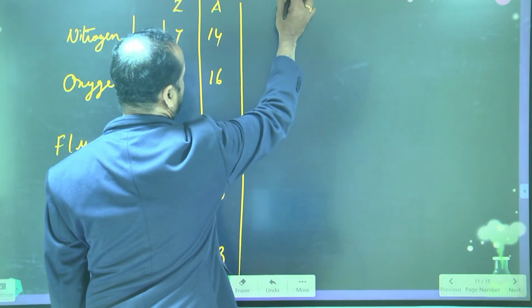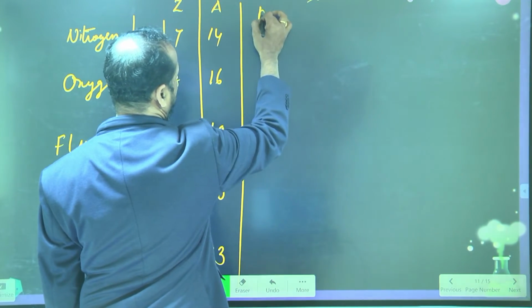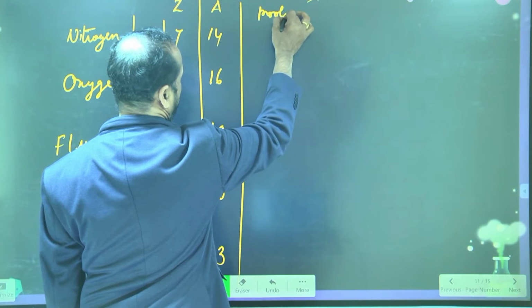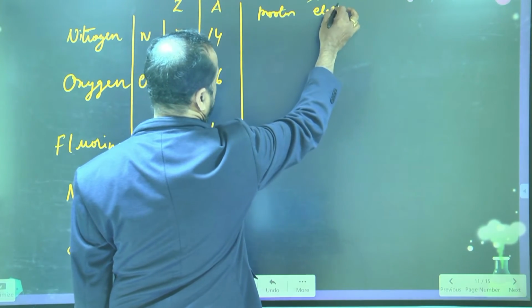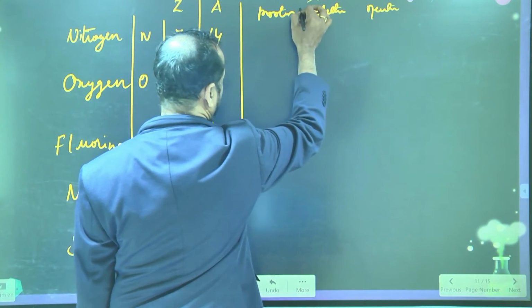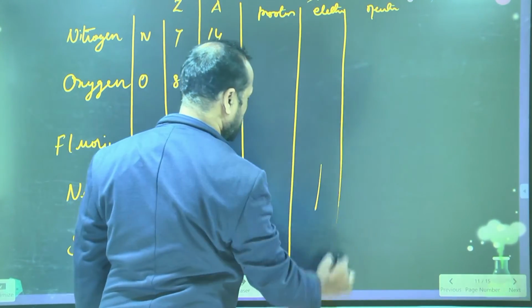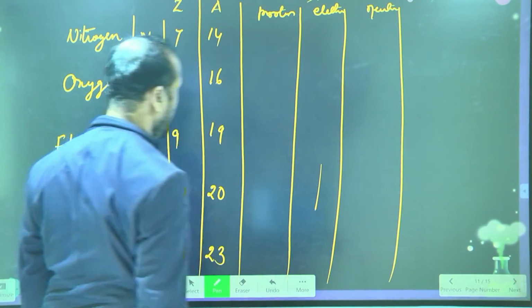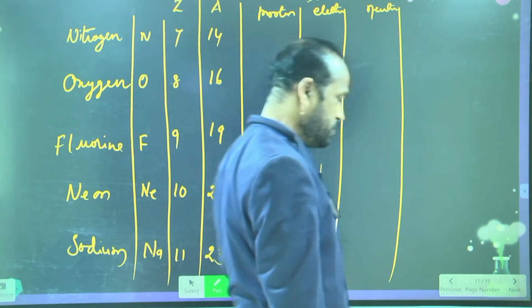The number of protons, electrons and neutrons, these three you have to complete. I am not writing this one; you take that as homework and complete it. First only this part you write.